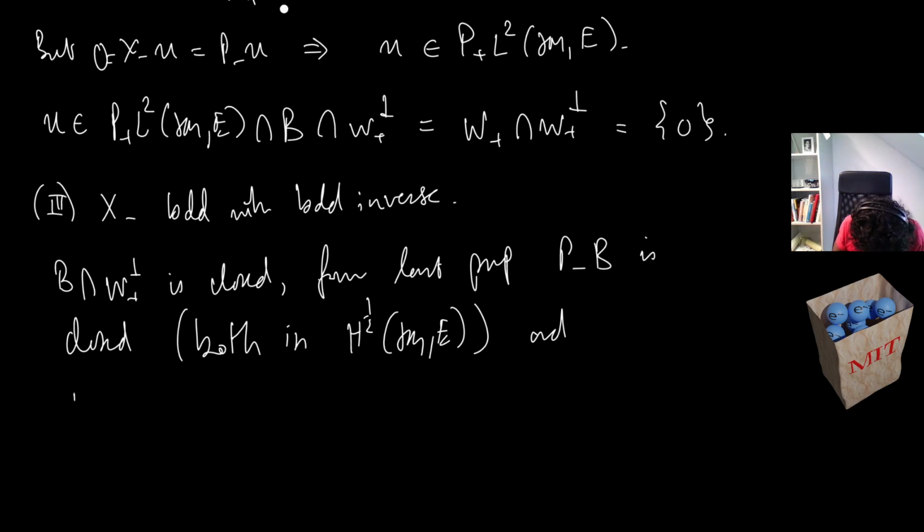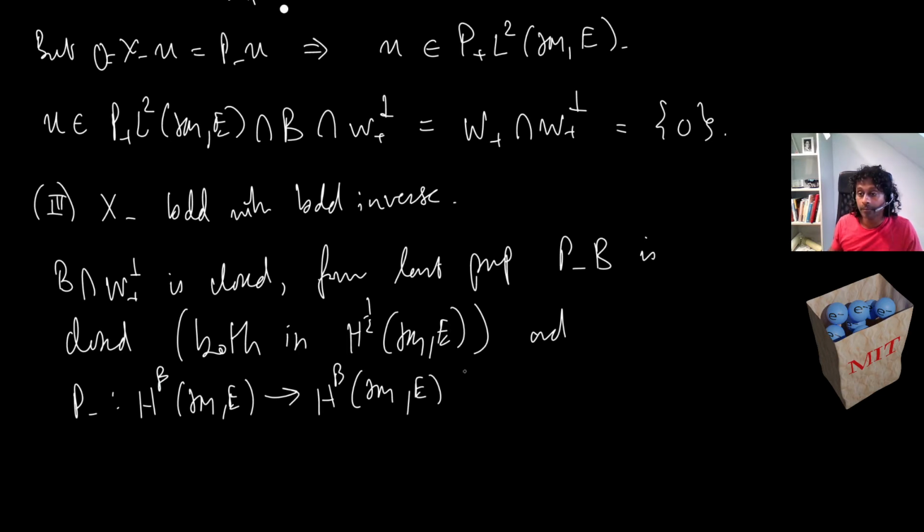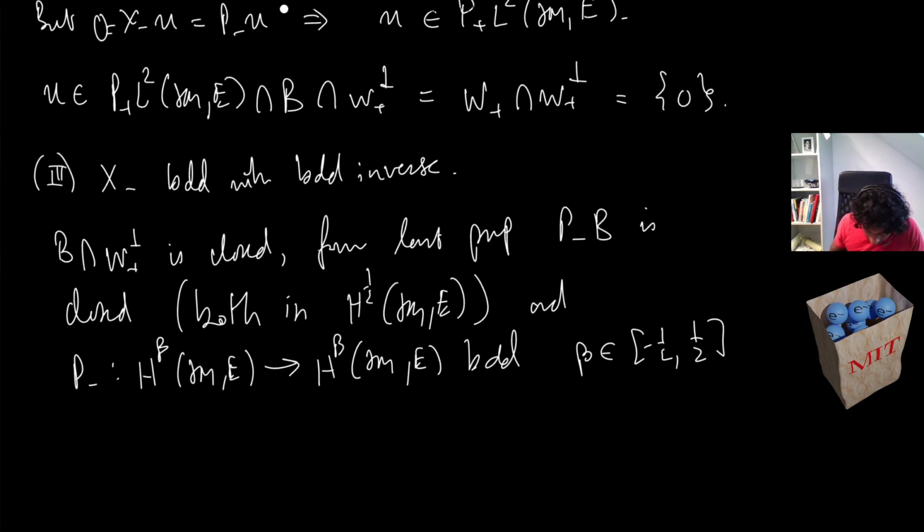We know that P minus is bounded H beta partial M E to H beta partial M E bounded. So this is a hypothesis we have on a boundary decomposing projector for B beta in the range minus a half to a half. So in particular, it's true at a half, and therefore X minus is bounded.